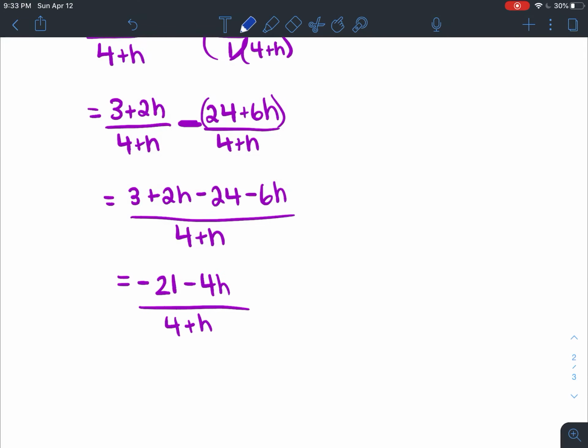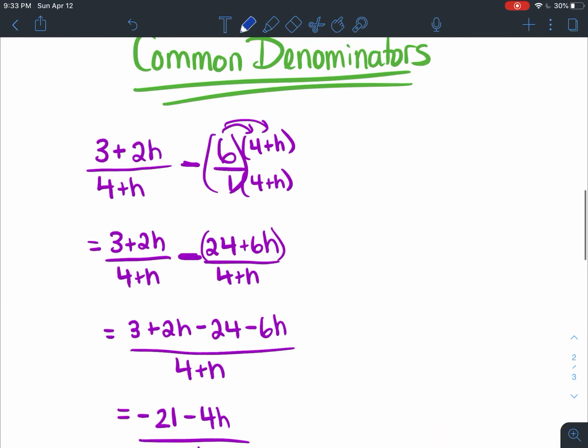Okay, one more thing about fractions. So not just about common denominators, I guess, but also multiplying and dividing fractions. Let's say you have 2 plus 4h divided by h plus 1 divided by h.